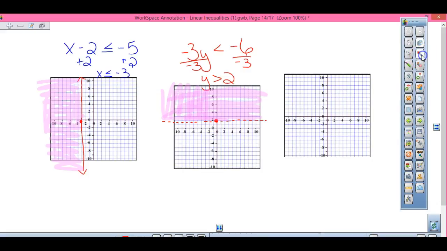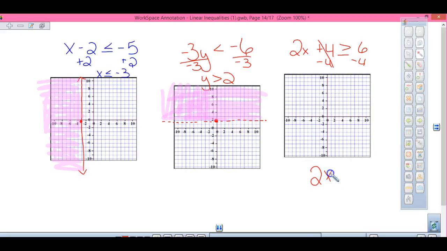One more and then I'll let you work. First step: subtract 4. So I have 2x, 2.